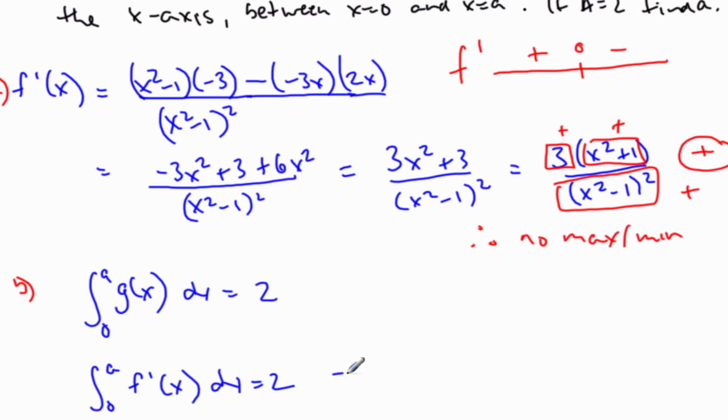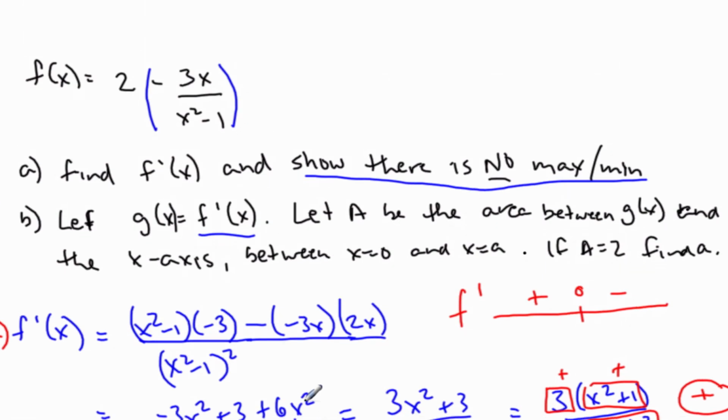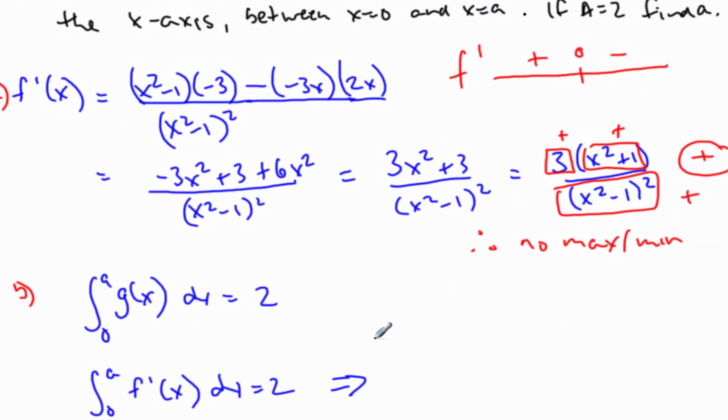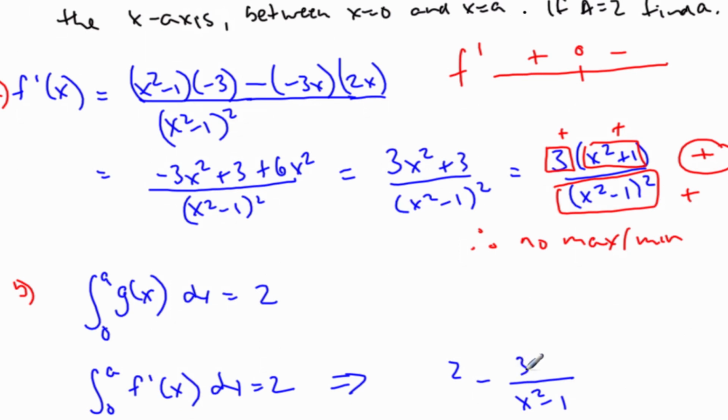So that means that my original function, which is 2 minus 3x over x squared minus 1, is the antiderivative of the derivative, and I want to do that from 0 to a, and that value is equal to 2.